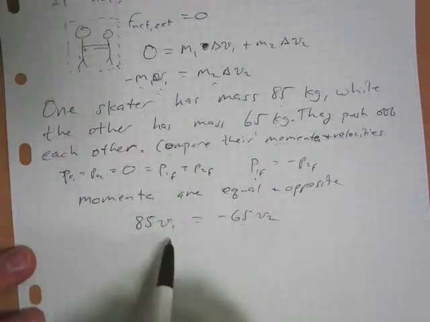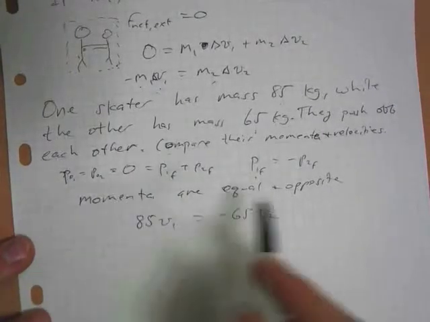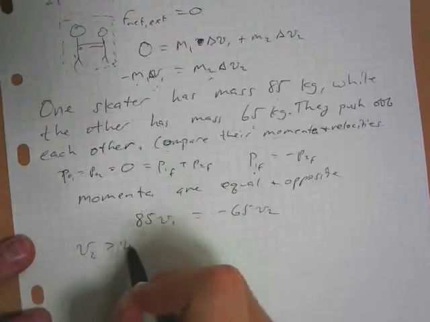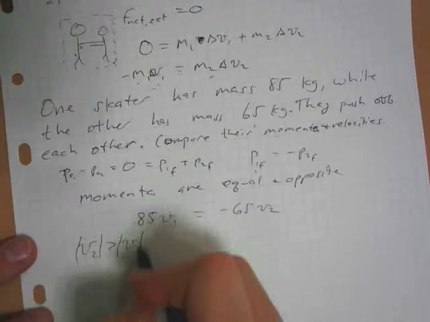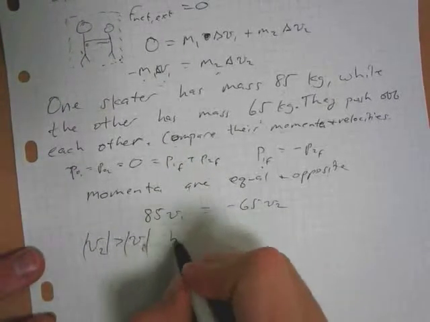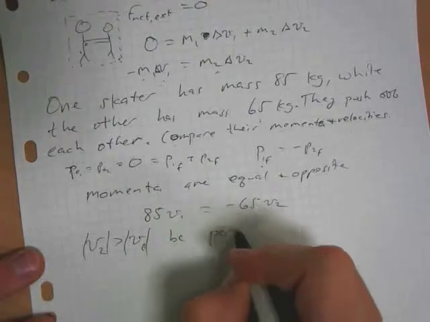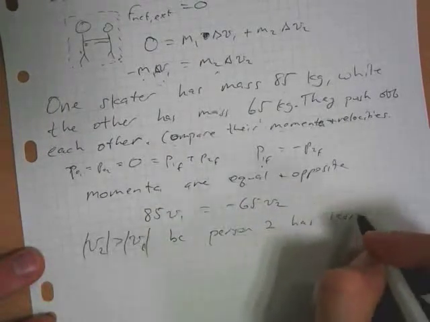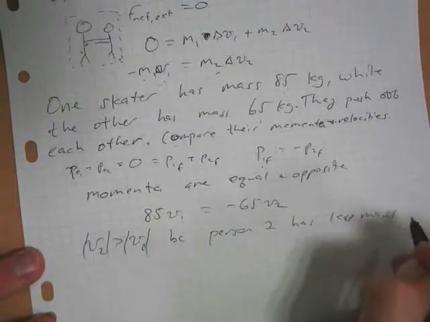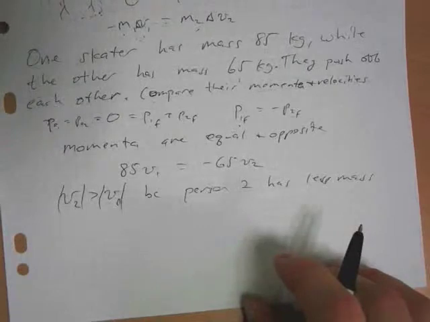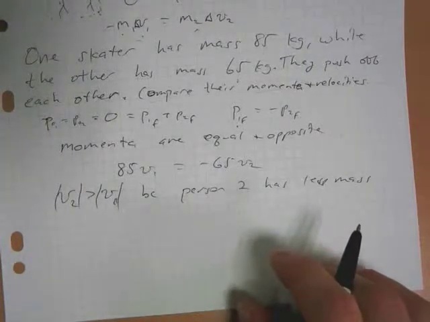So we can see that the magnitude of the velocity of person 2 is going to be greater than the magnitude of the velocity of person 1 because person 2 has less mass. We could plug in numbers and get values, but the math there is easy. Just the principle is what I want you to get.